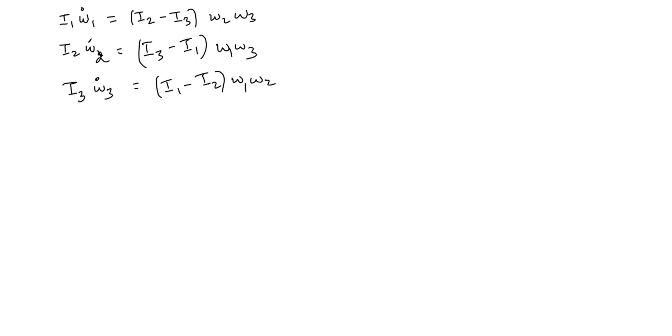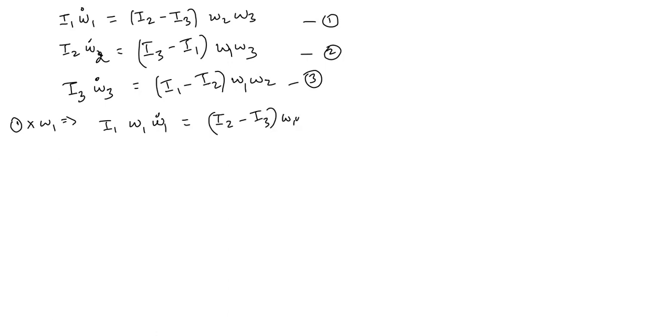Call these equations number 1, 2, 3. Just multiply equation number 1 with omega 1. So you will get I1 omega 1 omega 1 dot, which equals (I2 minus I3) omega 1 omega 2 omega 3.